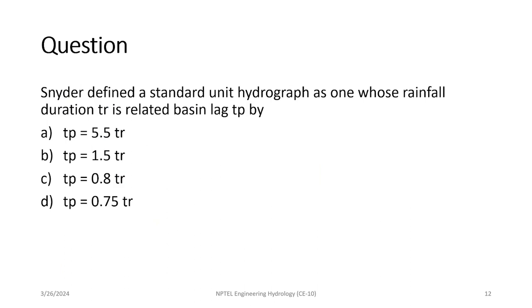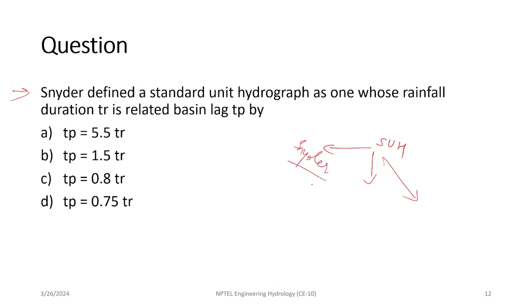Okay, moving to the next. The question here is based on the Snyder method. We already have discussed that synthetic unit hydrograph has three kinds of methods. One was based on Snyder.